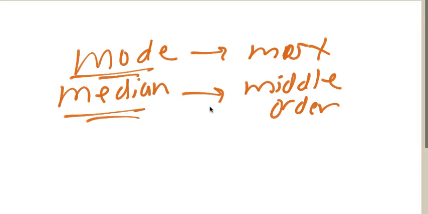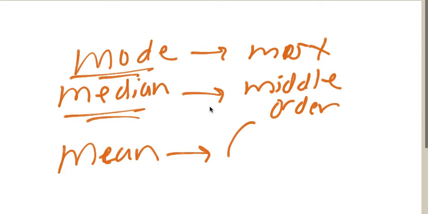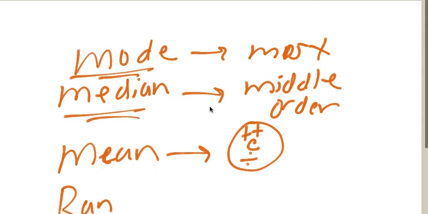Then you have the mean, Mr. Mean. We call him mean because he makes you do the most work. You have to add your numbers, then count how many numbers you added, and then divide. The last one is the range. Range is when you subtract your lowest number from your highest number.